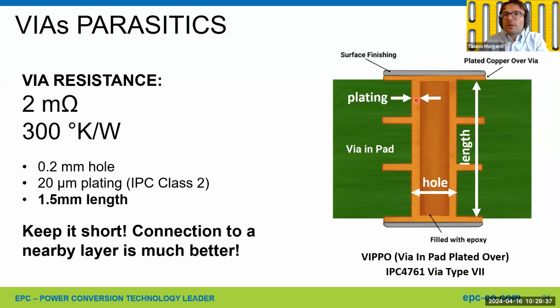The plating is 20 micron for IPC class 2 PCBs. Those parasitics are related to 1.5 millimeter length of the via, so basically the full width of a 1.6 millimeter thick PCB. Those values are proportional to the length. So one suggestion is basically to keep the via as short as possible, and connect to a neighbor layer if possible.